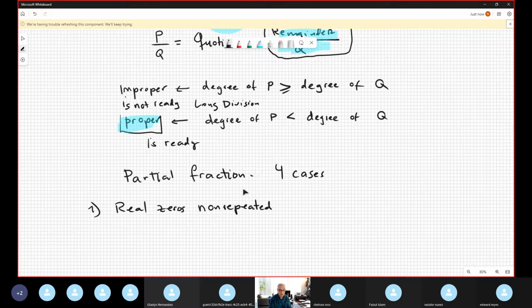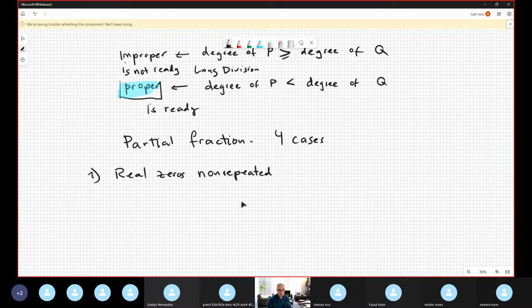For example, one elementary example is a over x minus 2 plus b over x minus 3. A, b, and c are the typical coefficients. You put in the solution of the partial fraction decomposition different letters a, b, c. You will see now in the example.